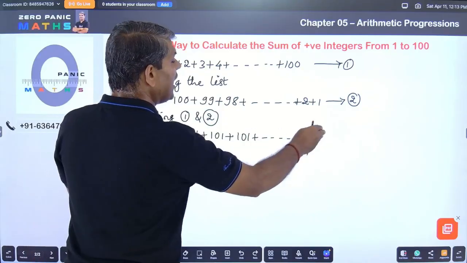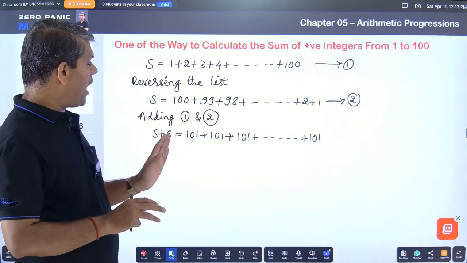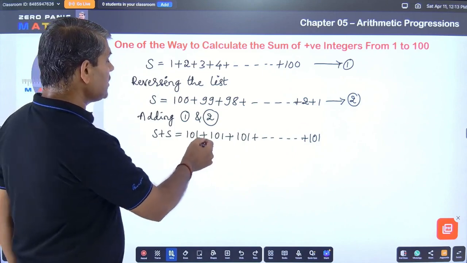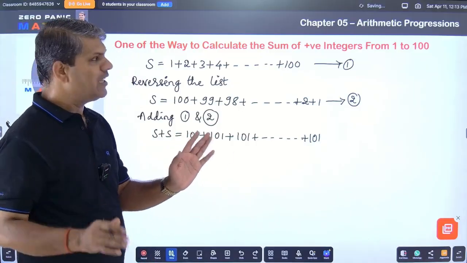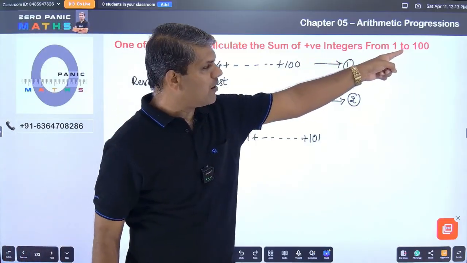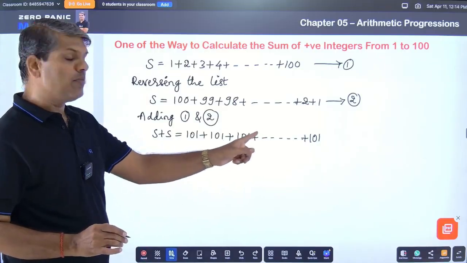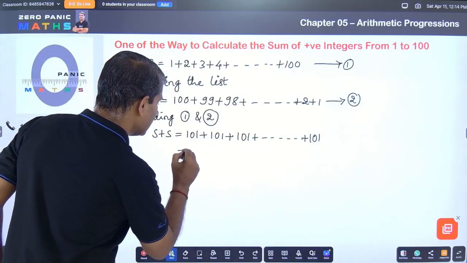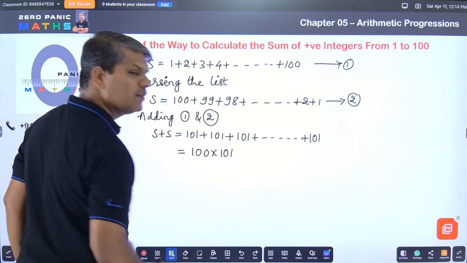I should have an easier method to add them. Since the numbers are from 1 to 100, there are 100 of them, so we are adding 100 times 101. So can I write it like this: 100 times 101?